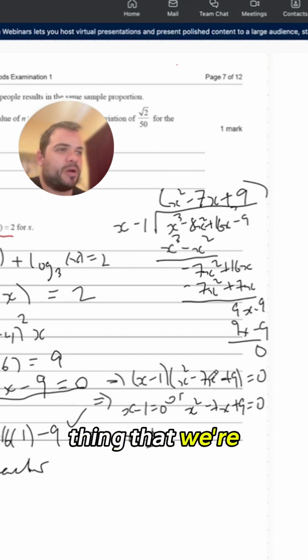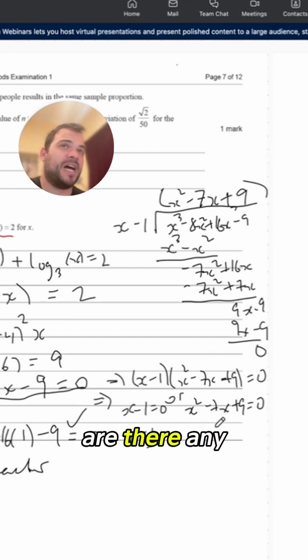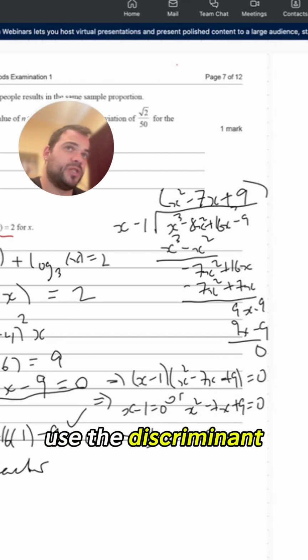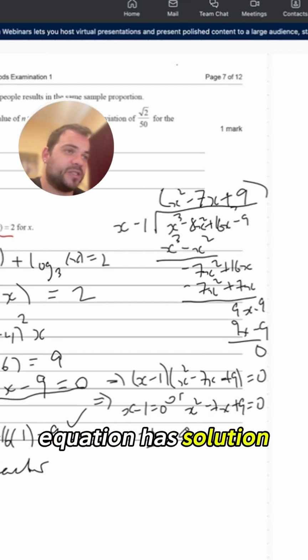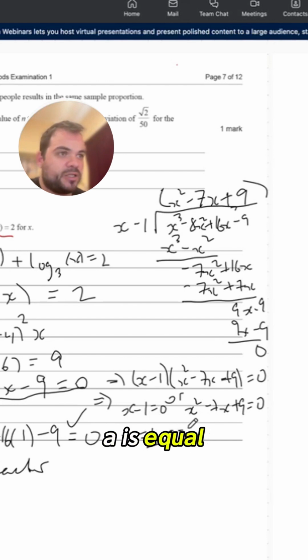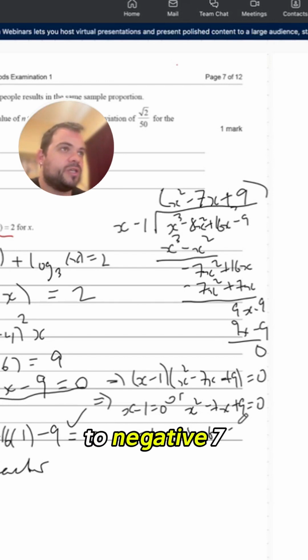But the other thing that we're interested in here is not only what are the solutions to x squared minus 7x plus 9 equals 0, but are there any? So we can use the discriminant to check whether or not this quadratic has x-intercepts, so whether this equation has solutions. We've got a equal to 1, b equal to negative 7, and c equal to positive 9.